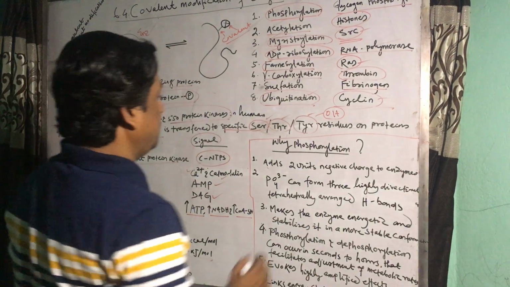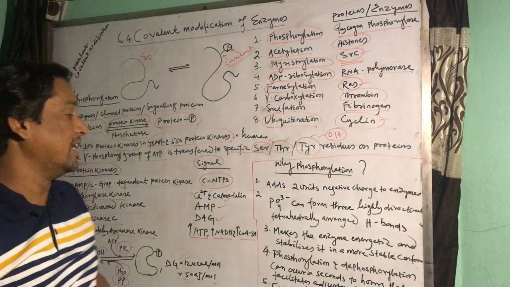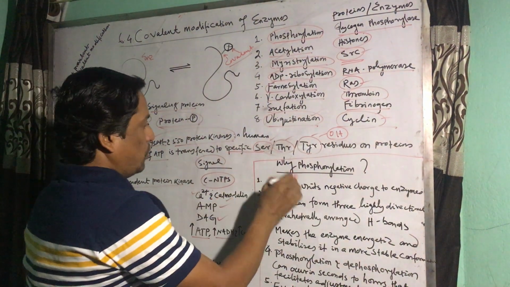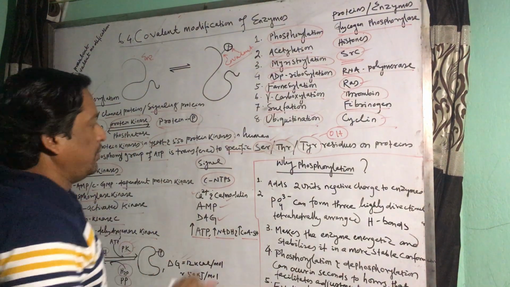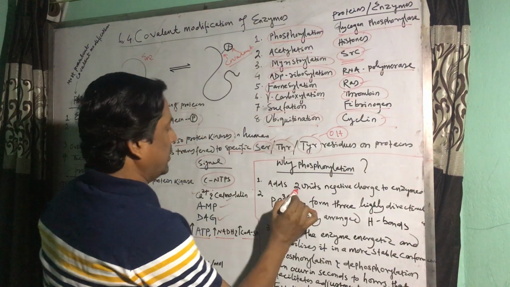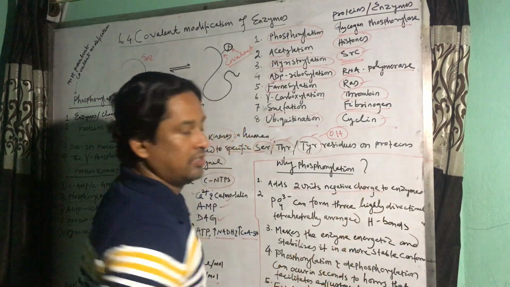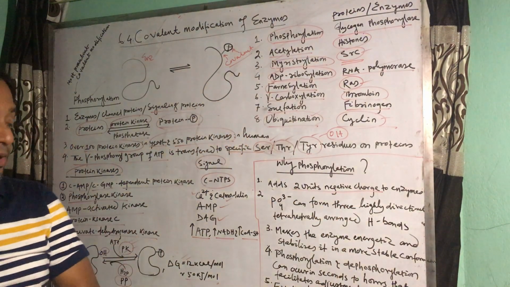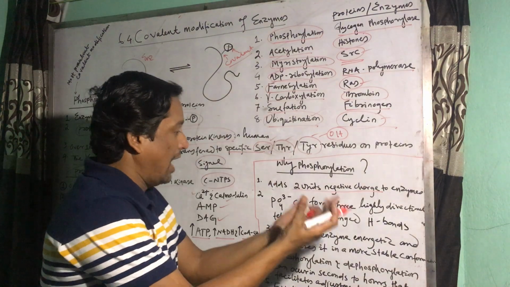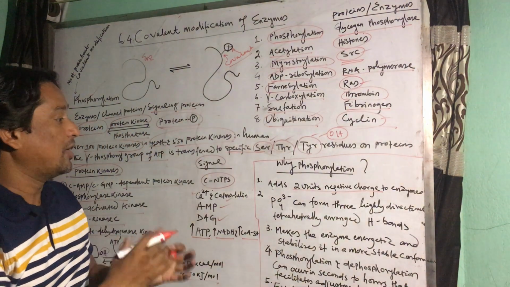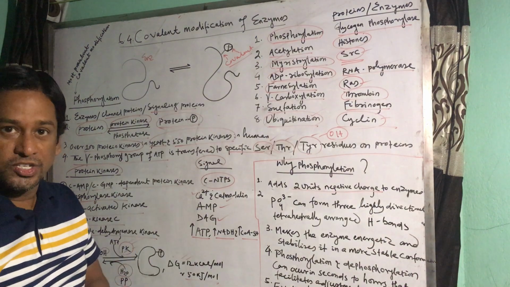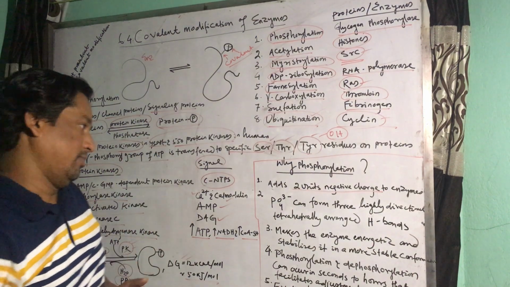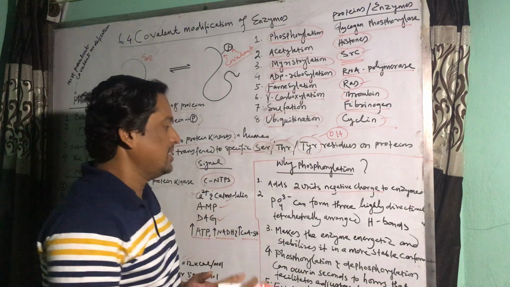So why is this phosphorylation necessary for the cell? Phosphorylation makes the enzyme activated because of several things. It adds 2 units of negative charge. So when phosphate is added to an enzyme, it activates the enzyme through electrostatic interaction. It can form electrostatic bonds. It can change the structure of nearby amino acids which are charged.